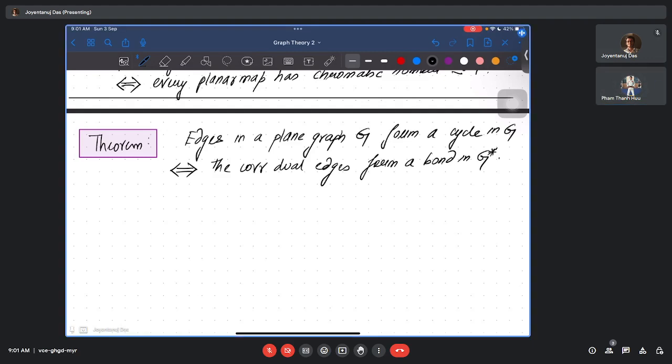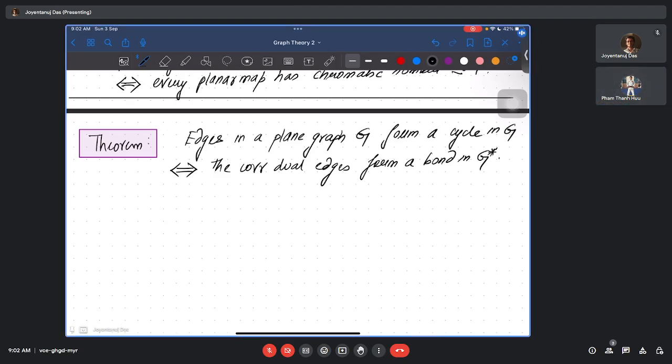We defined bond long back. A bond is defined to be a minimal non-empty edge cut.